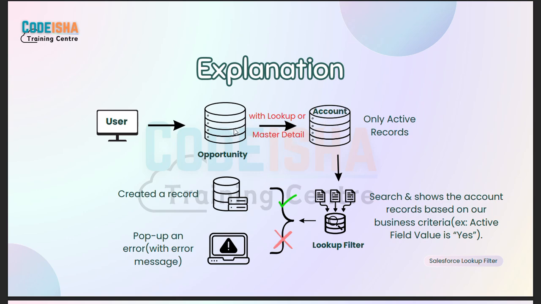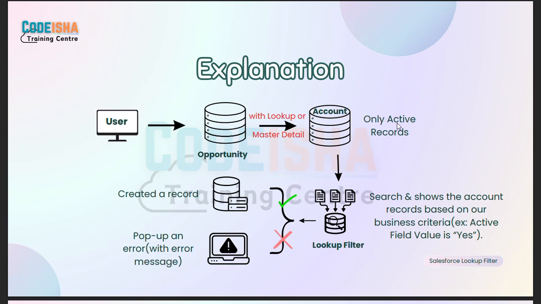See here, the opportunity and the account must be related through a lookup or master-detail relationship. Once we have that, the lookup filter will be applicable; otherwise we don't use it.